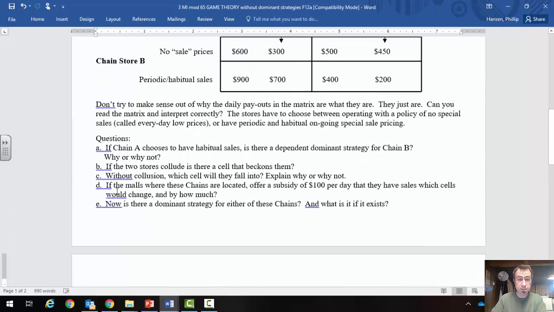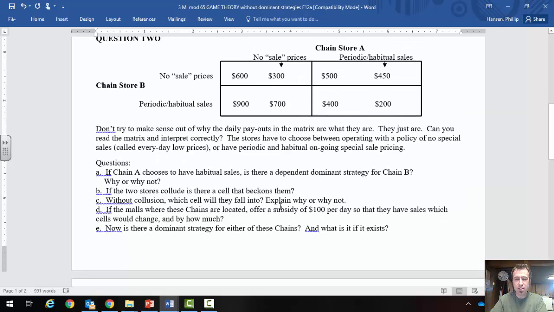All right, now to D. If the malls where these chains are located offer a subsidy of $100 per day so that they have sales, which cells would change and by how much? So let's change our numbers here. $100 per day so that they have sales.